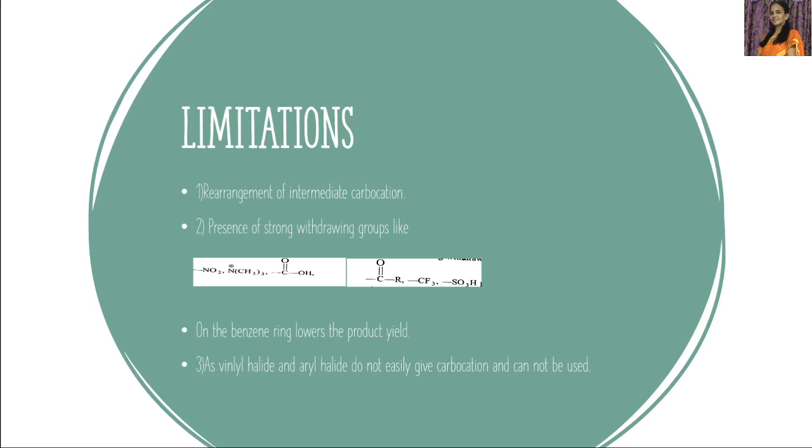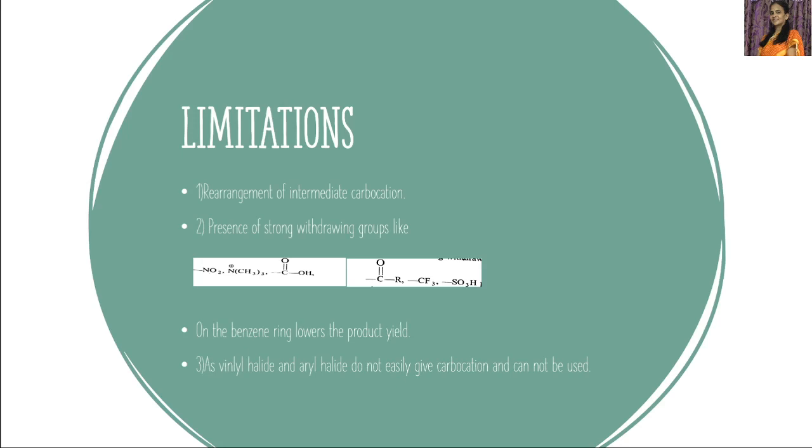Electron withdrawing groups, examples we have given here: SO3H, COOH, that is carboxylic acid group, or acyl group, CO group, CF3 group, NO2 group, etc. They deactivate the ring. Thus, the product yield will be less. Okay, so this is another limitation.